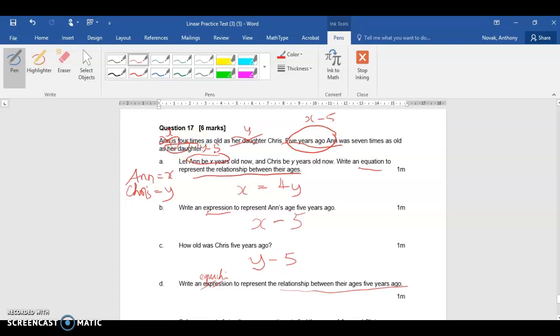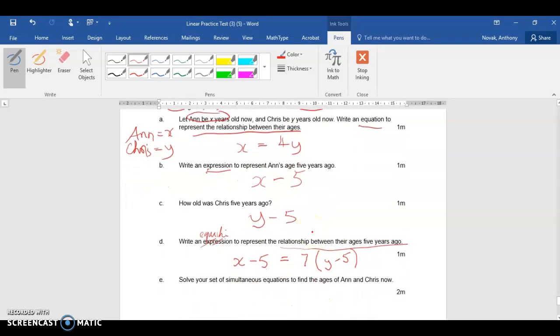Now let's read the question. x minus 5 was the same as 7 times y minus 5. So that's x minus 5 equals 7 times y minus 5. Now we have to multiply the entire expression, so that's why it's important to put in brackets. So that's our correct one.